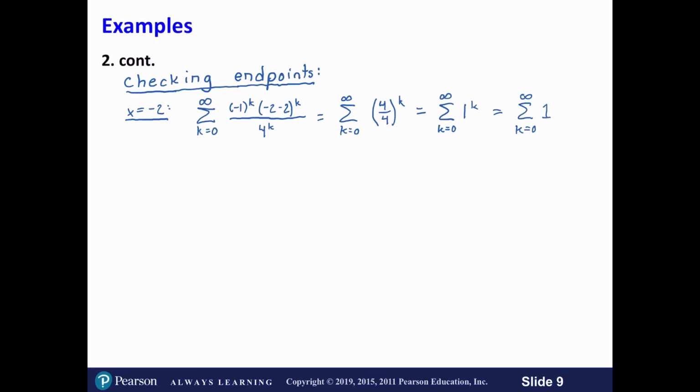If you were to compute this sum, what you would essentially be doing is adding 1 plus 1 plus 1 plus 1 to itself infinitely many times. And so this diverges, and you can specifically say it diverges by the divergence test.